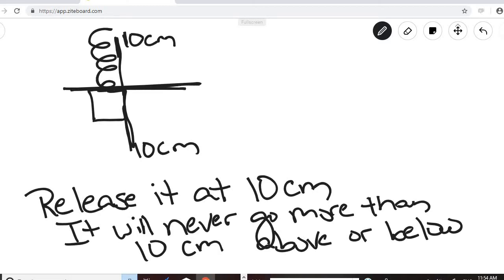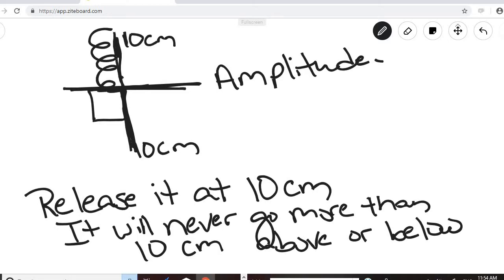So the distance that it travels from equilibrium is called the amplitude. So if I pull it down 10 centimeters, that's the amplitude. And then it will travel up. It will just be displaced from the equilibrium position in an upward direction 10 centimeters.